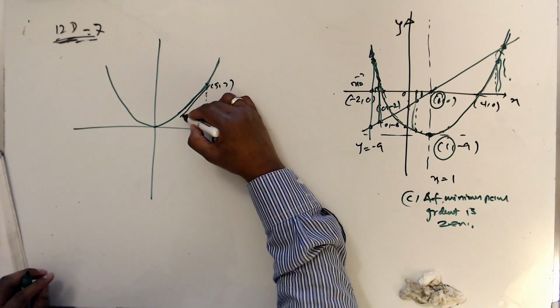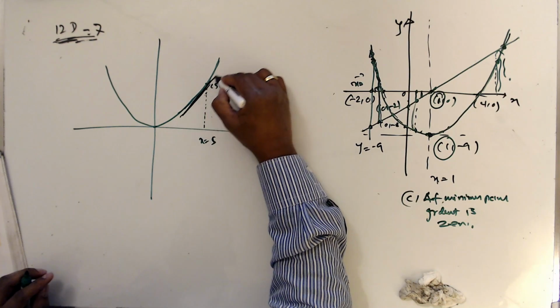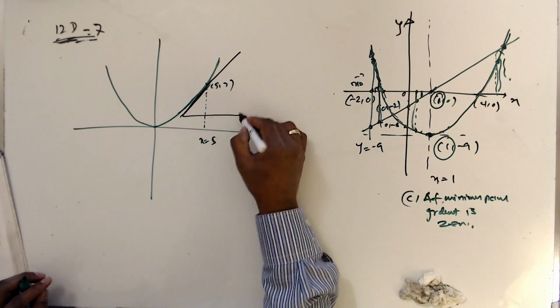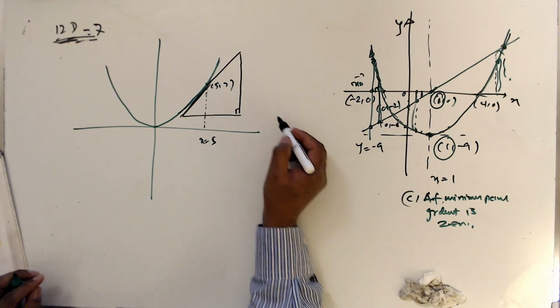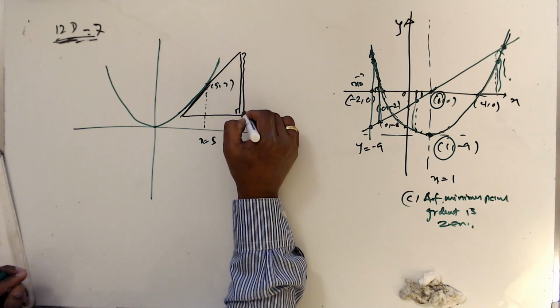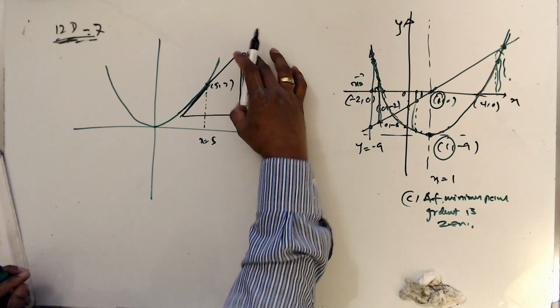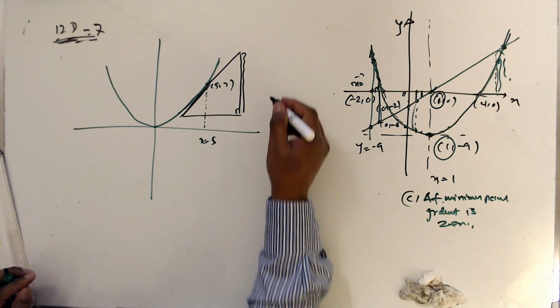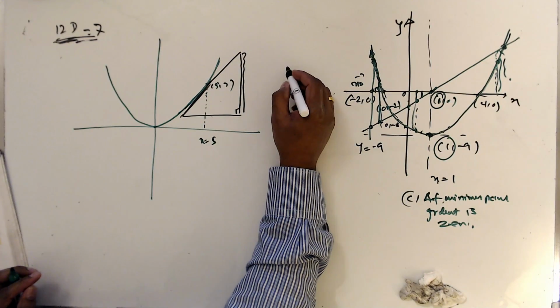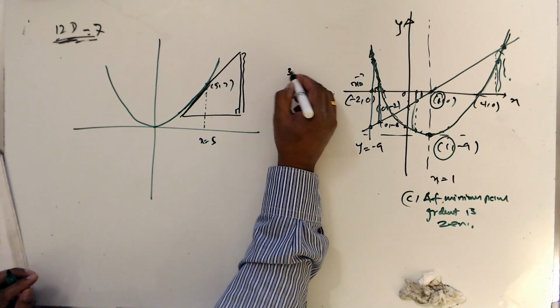Then you want the gradient of this point, right? So you do a manual part. Then you measure this length and you measure this length, and say this is 3.5.